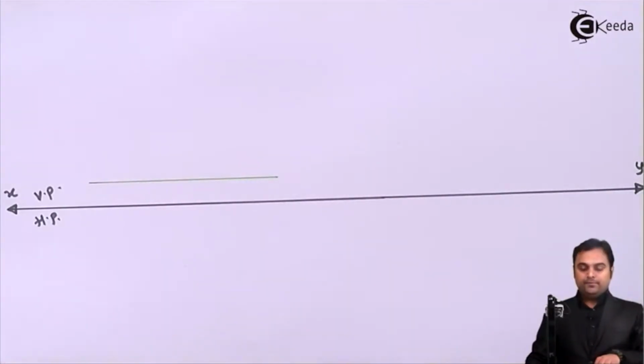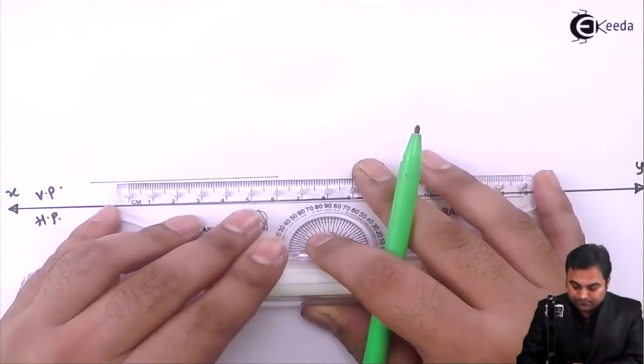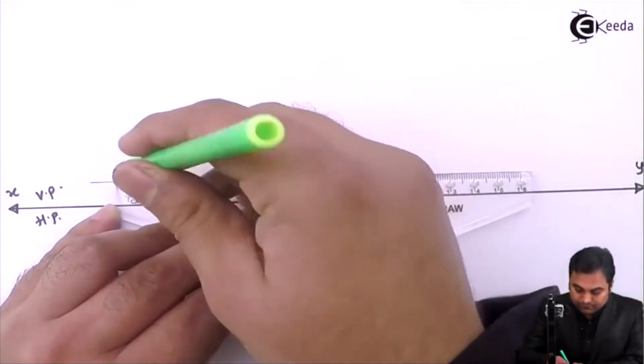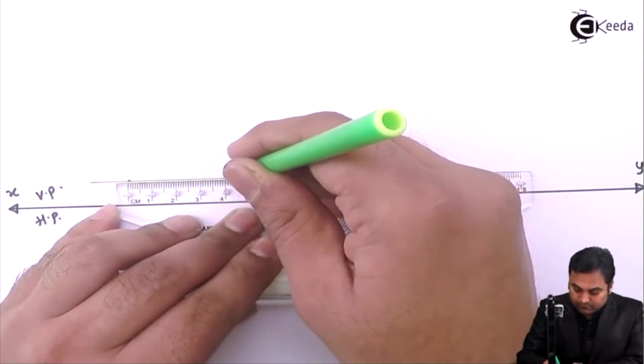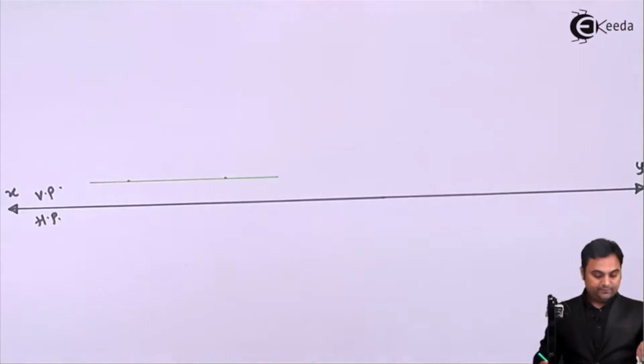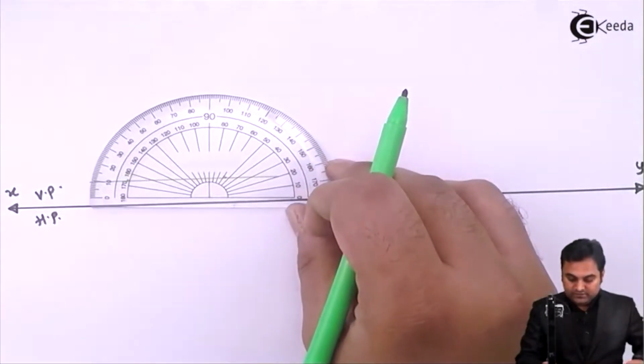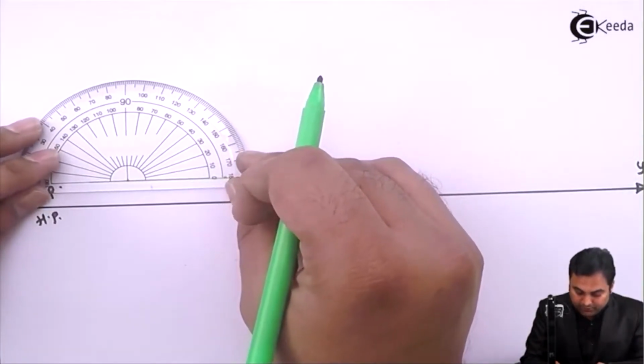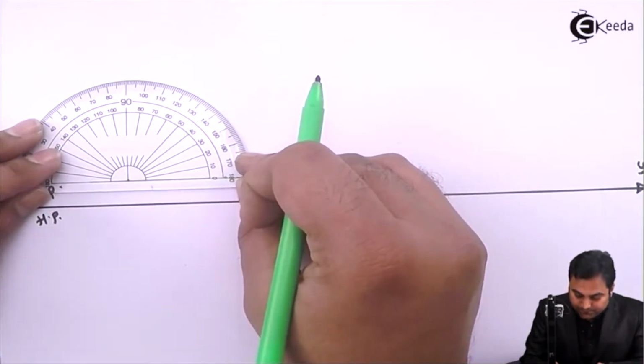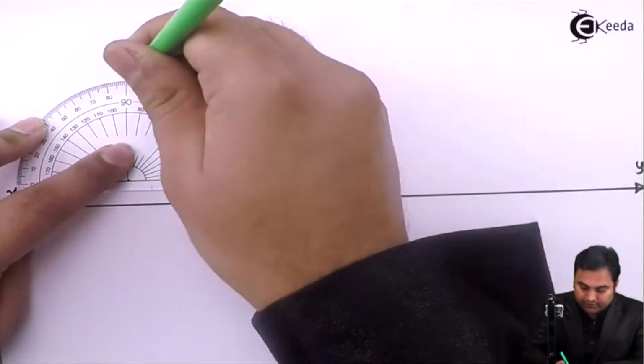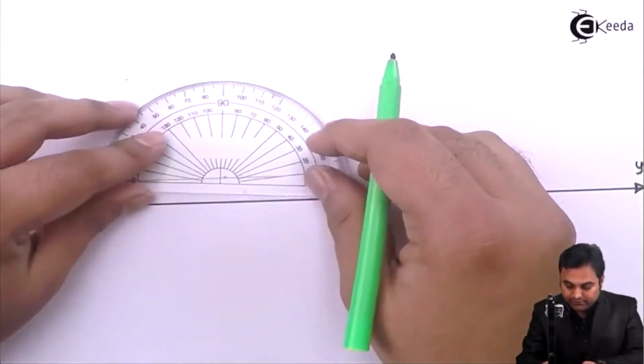Square is of 40 mm side. Taking 40 mm. Next, the sides of the square are perpendicular to each other. So drawing a 90-degree line here.